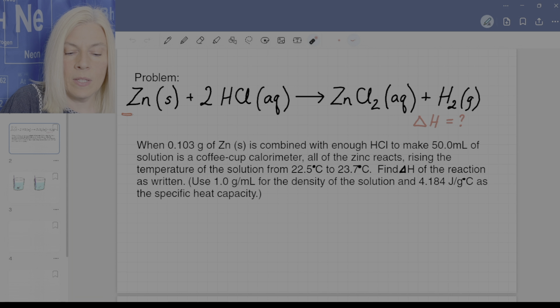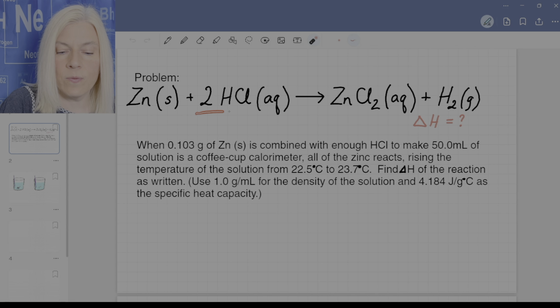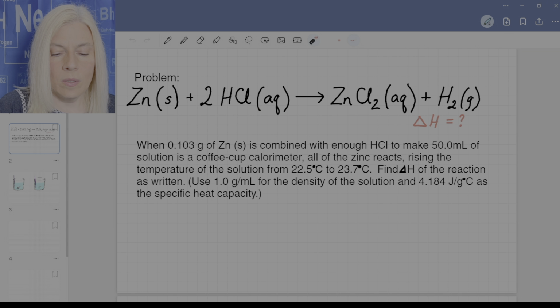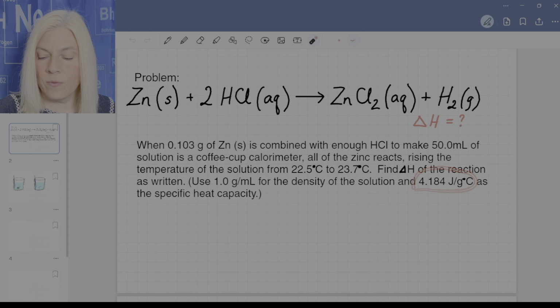That means what happens when 1 mole of zinc reacts with 2 moles of hydrochloric acid. We're going to use the density of water as the density of our solution because it is probably mostly water, and we're going to use 4.184 joules per gram per degree C as the specific heat capacity of that solution, which is again almost all water.